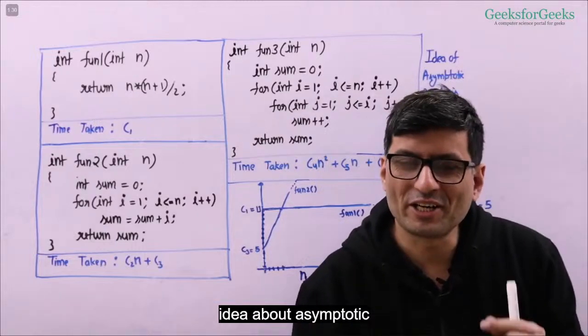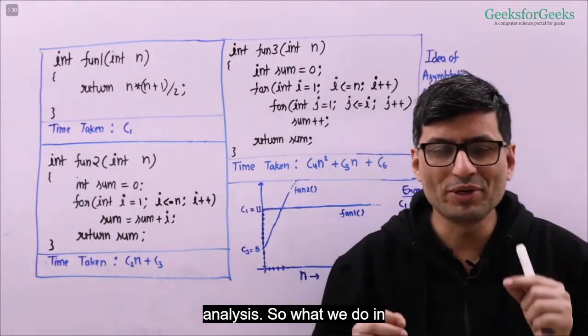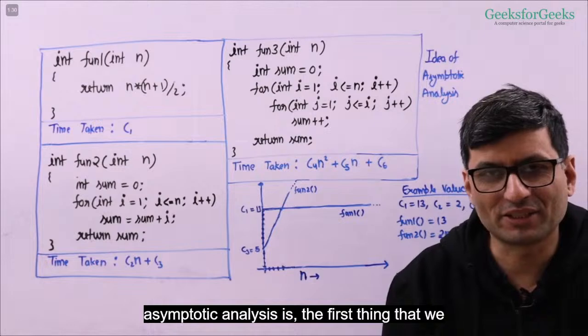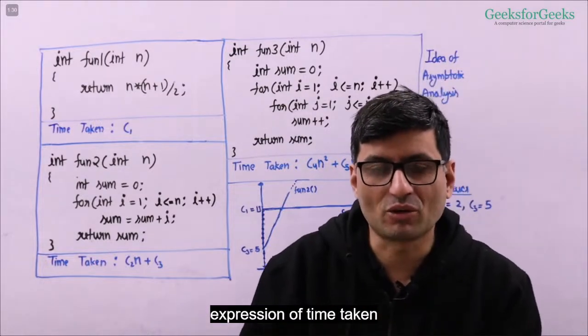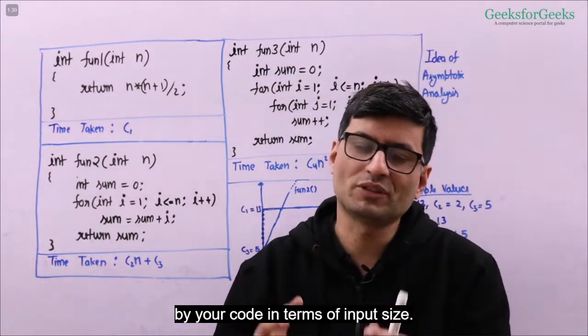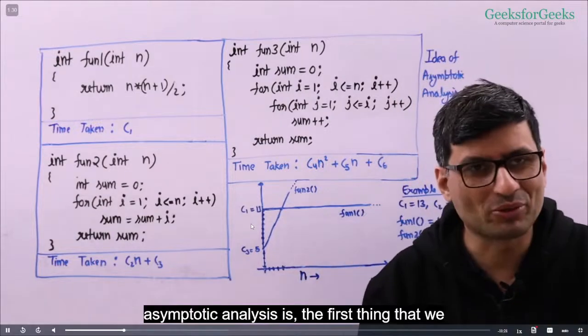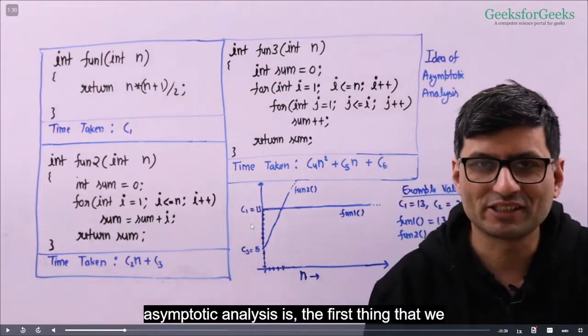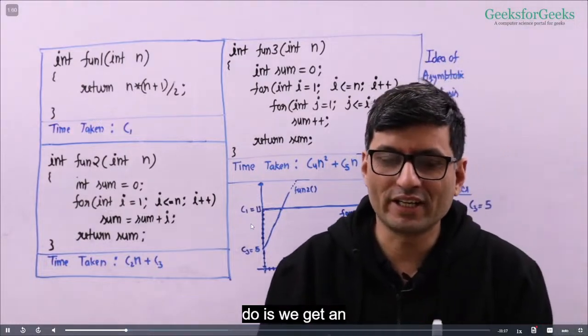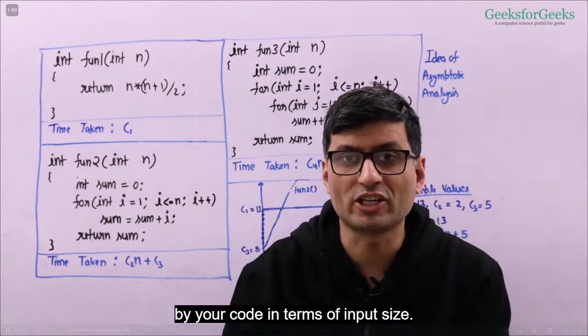Let's now get an idea about asymptotic analysis. The first thing that we do is we get an expression of time taken by your code in terms of input size.